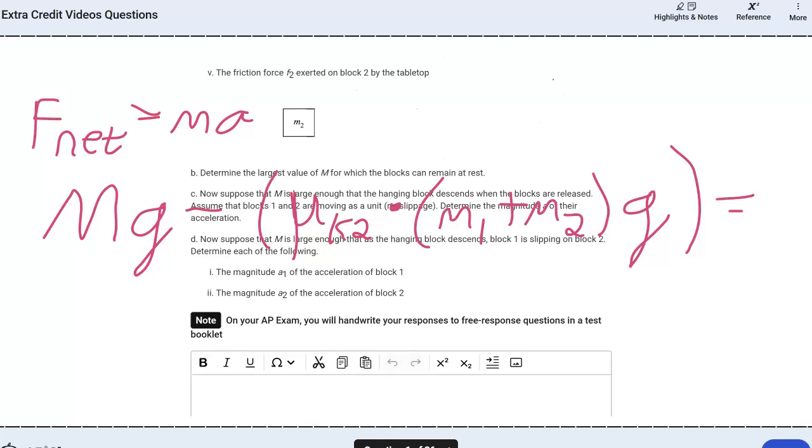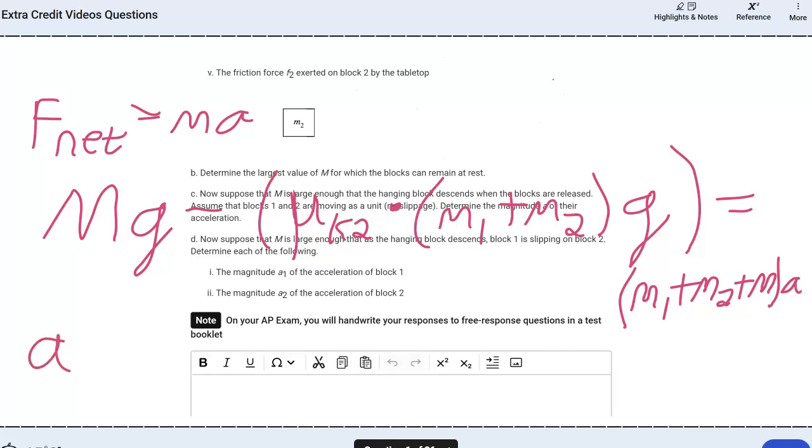And that equals the masses of the entire system added up times acceleration.